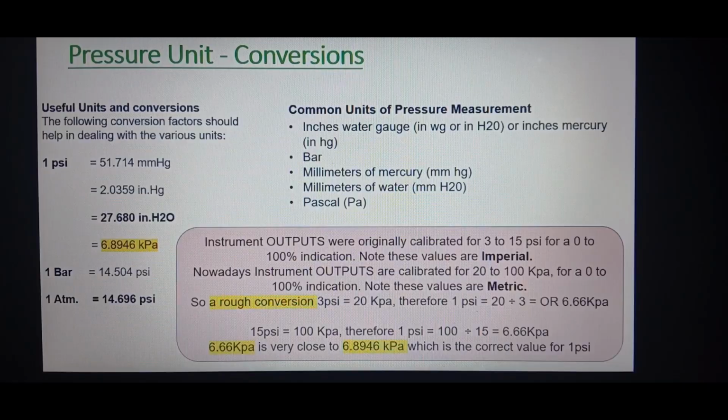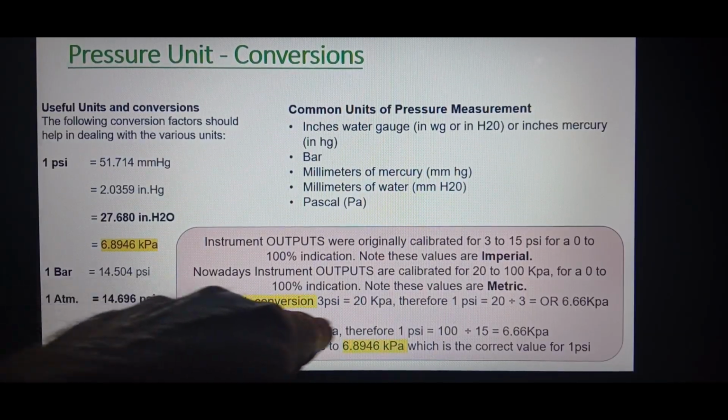Those values were imperial values. Nowadays, we calibrate things for the metric values. So the 3 to 15 changed to 20 to 100 kPa values. That would mean that 3 psi is roughly the same as 20 kPa, and 15 psi is roughly the same as 100 kPa.